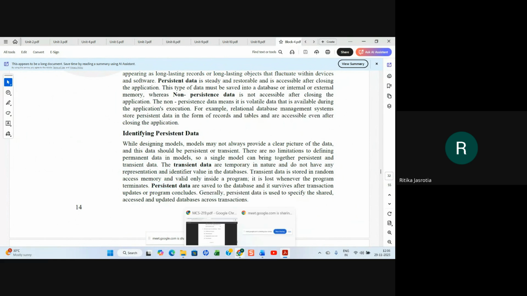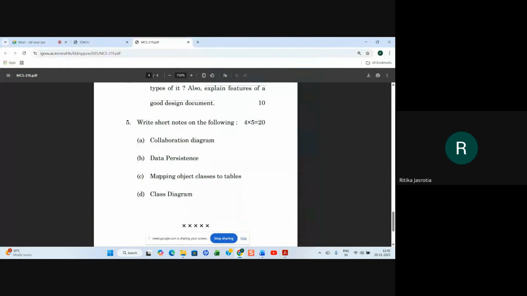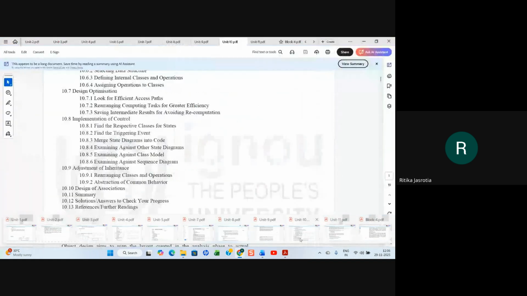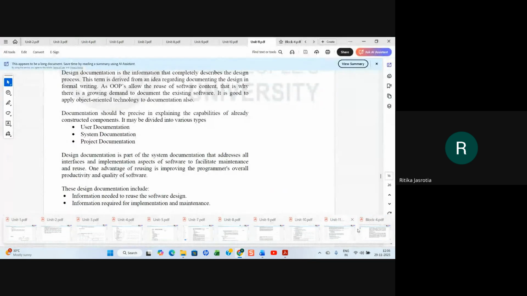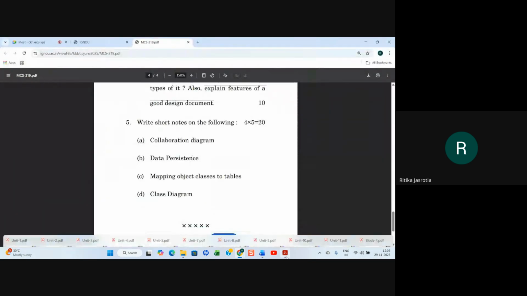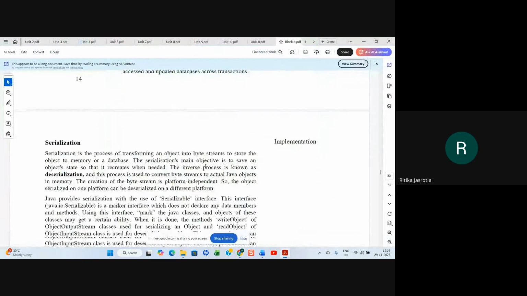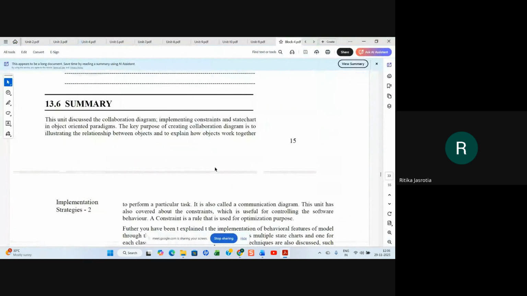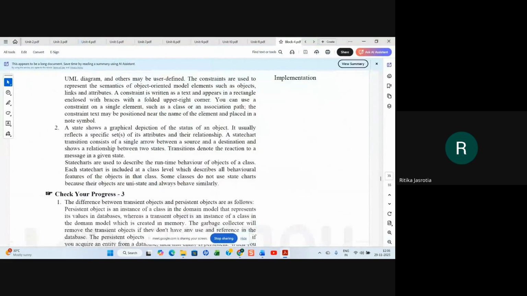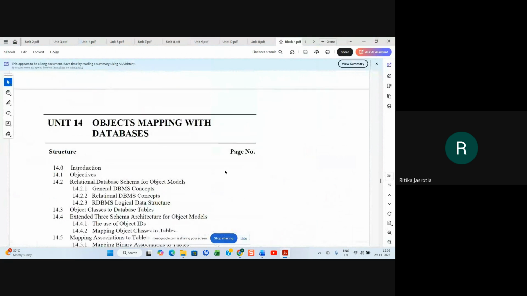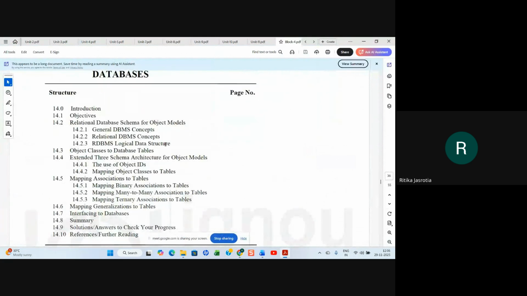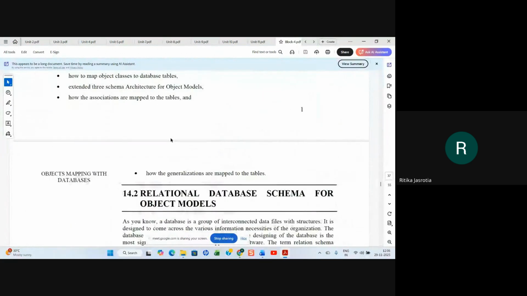So that is there. Then mapping object classes to tables. We have also done that. Mapping object classes to tables was this one. After this, in the fourth block, object mapping with databases. So this is how you map.